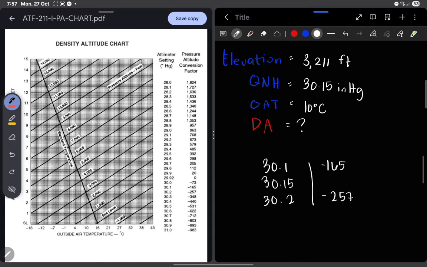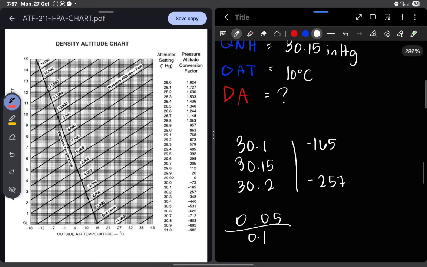Now, let's grab the differences. 0.1 multiplied by 92 gives us 46.